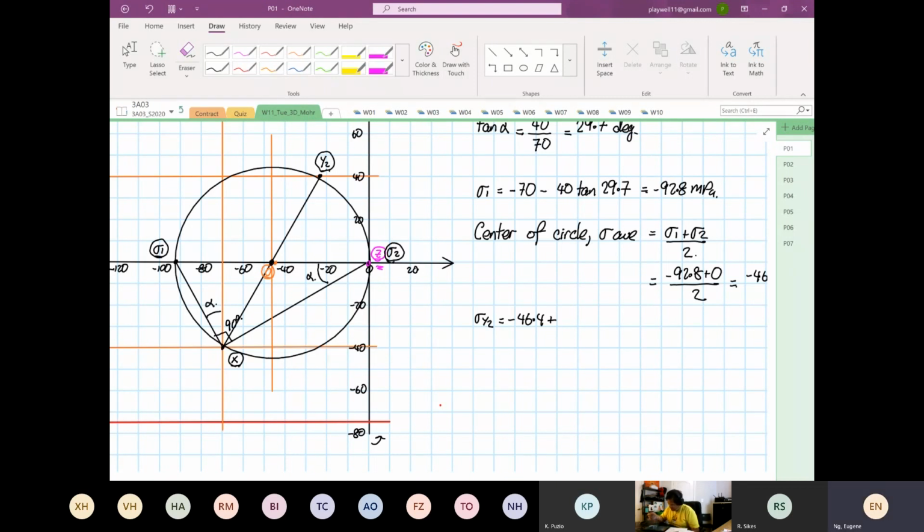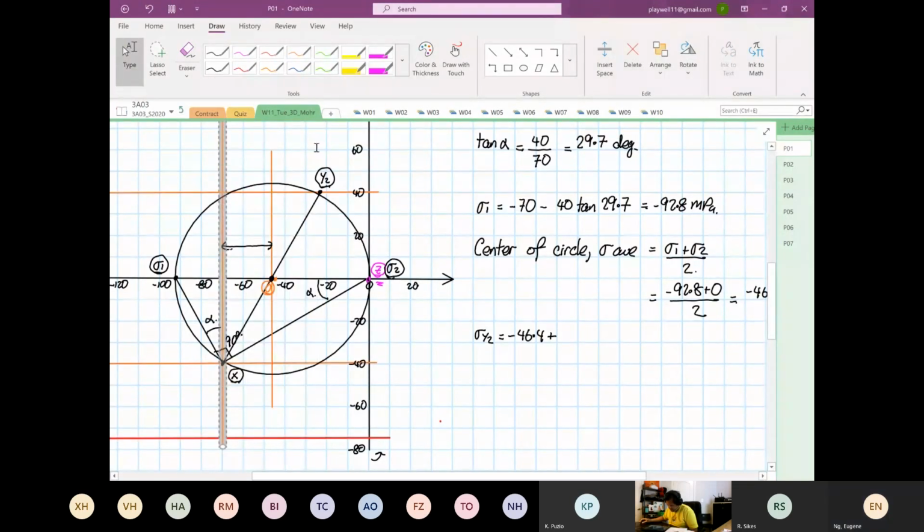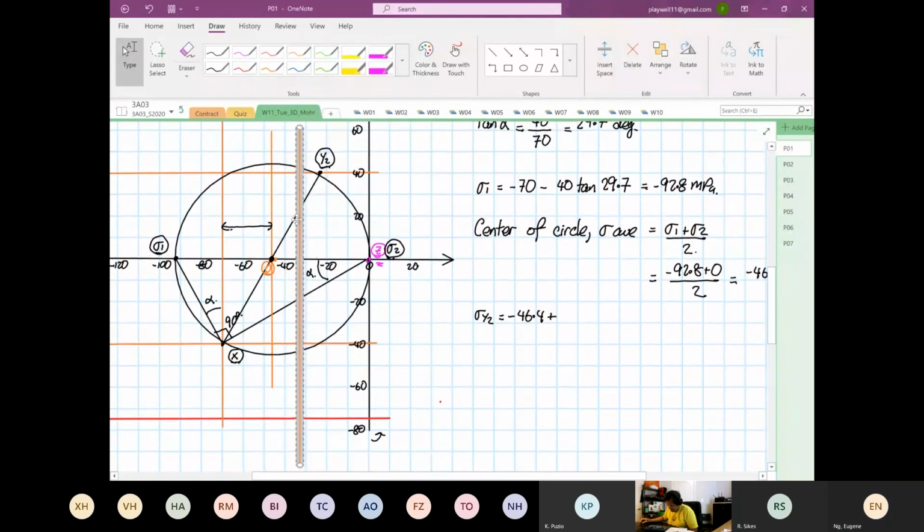Hold on, it's not plus, so it's minus 46.4 from the stress average line that we know, and we know that the distance from here to here, right? So all we need to know now is this distance from here to here, because this distance and the distance from here to here should be the same, right?